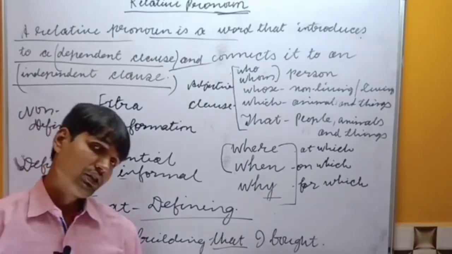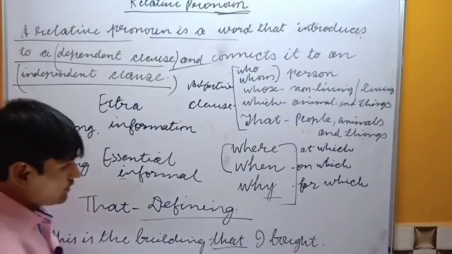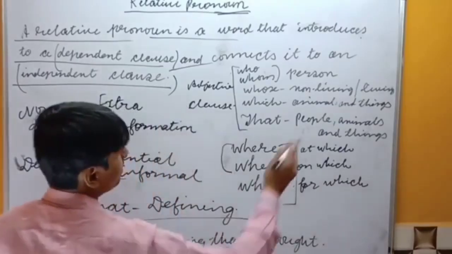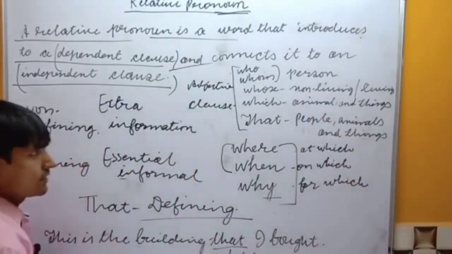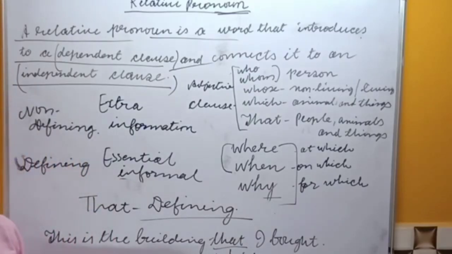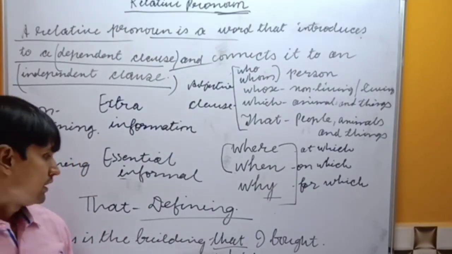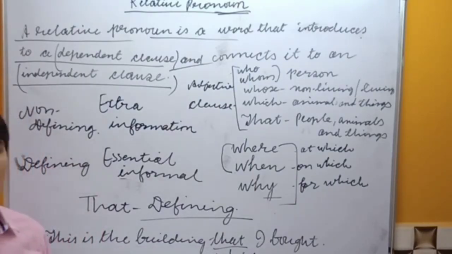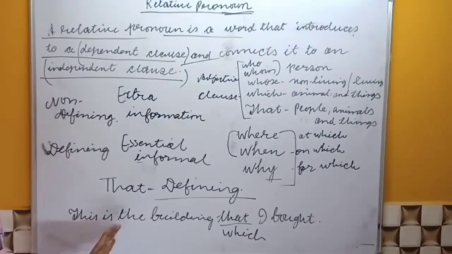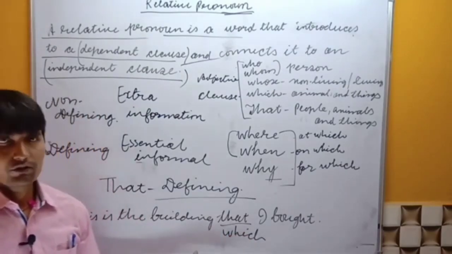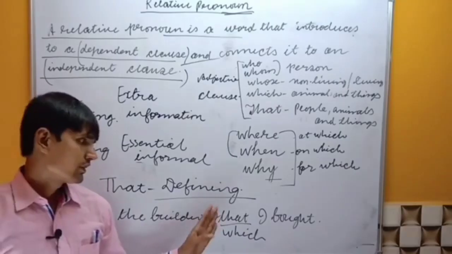Yes, you can use which here, but remember that which and that are both used for non-living things. If you are using them in the defining clause, then you always have to use that.